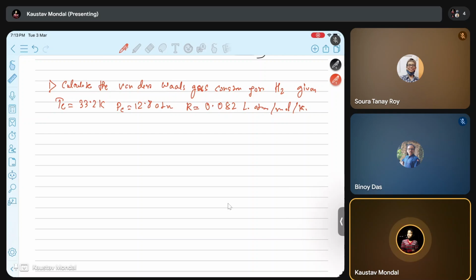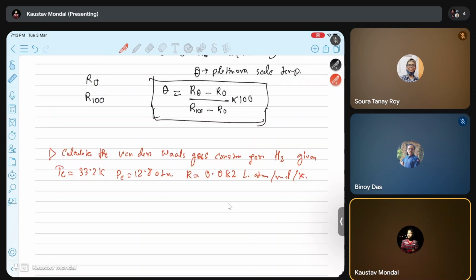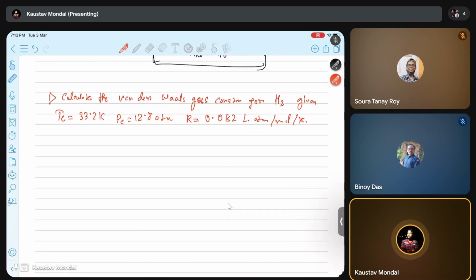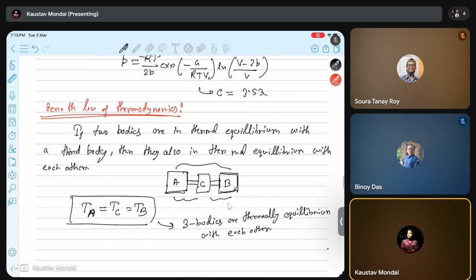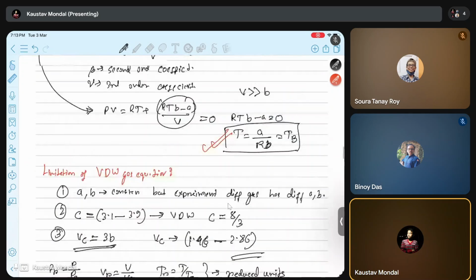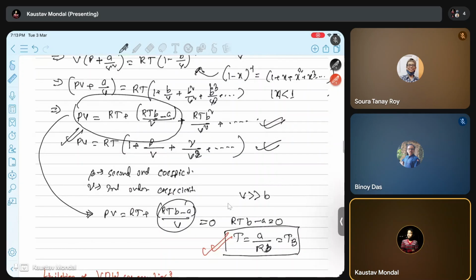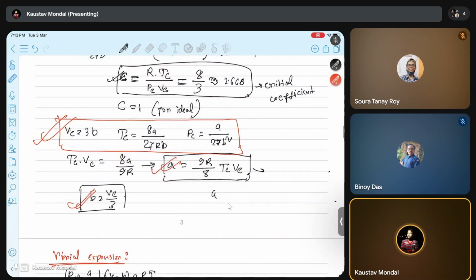So you already know, right? That means A, B are to be calculated from TC and PC. The TC, PC, and VC expressions you already know, right?